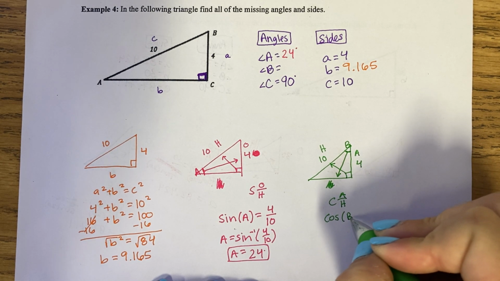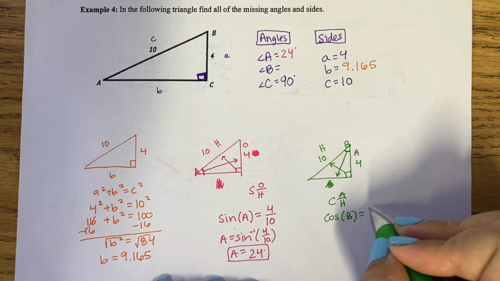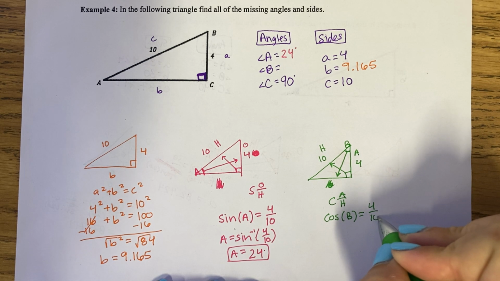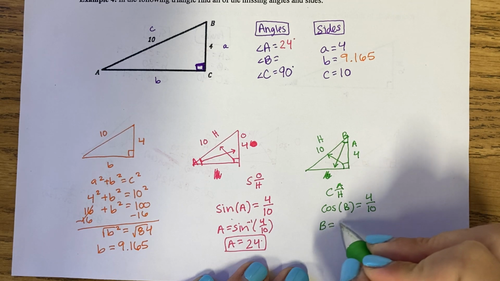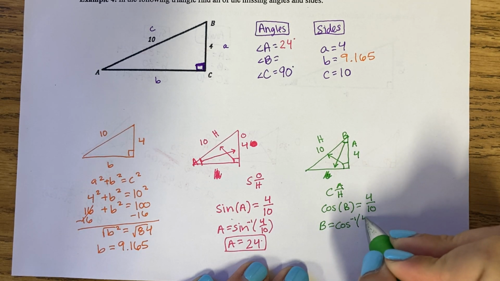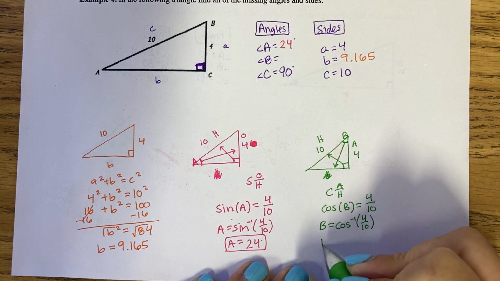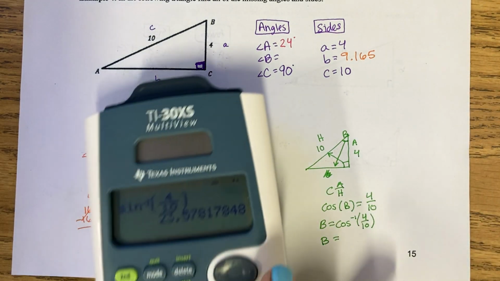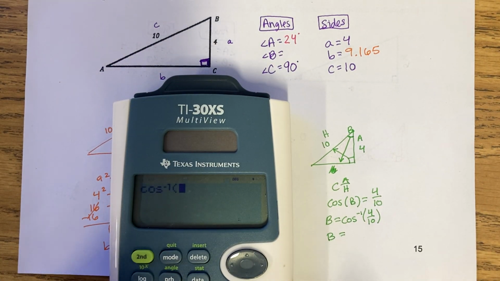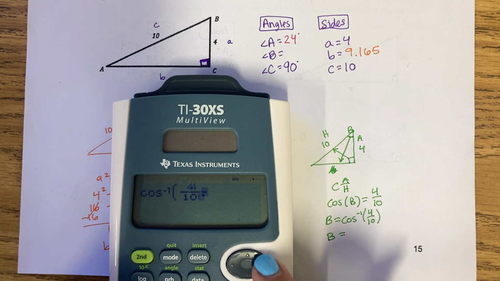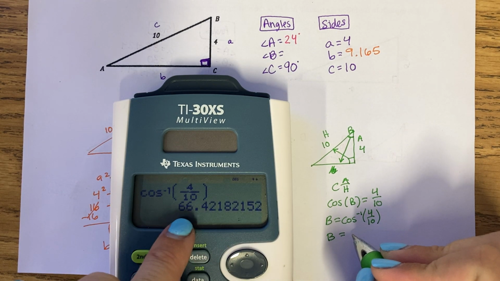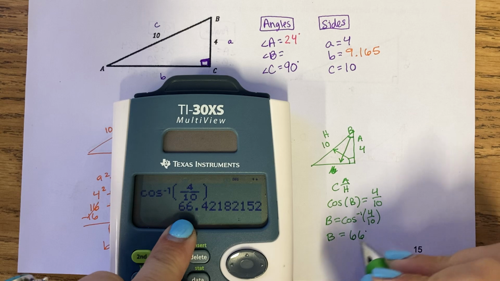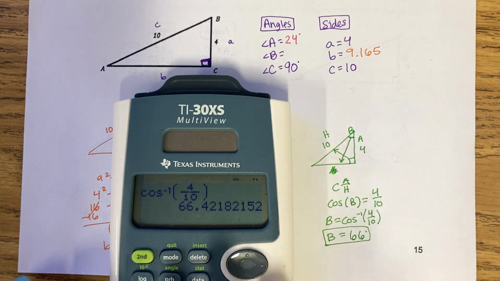Cosine of my angle equals the A over the H. And then to find the angle, I use the inverse and plug my fraction in. Second cosine 4 over 10 is 66 degrees. The 0.4 is not going to round it up, so 66 degrees.